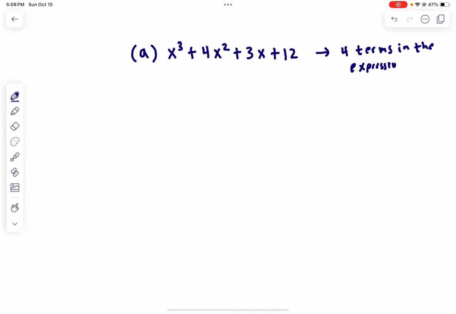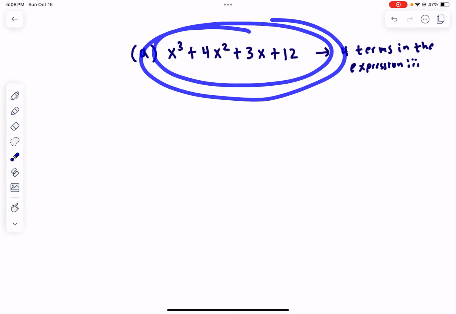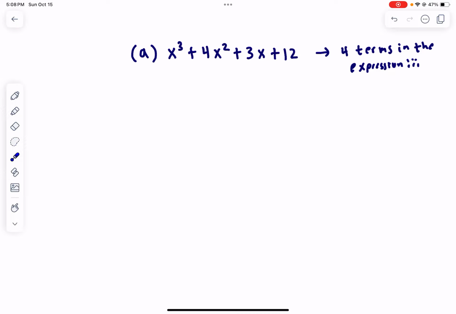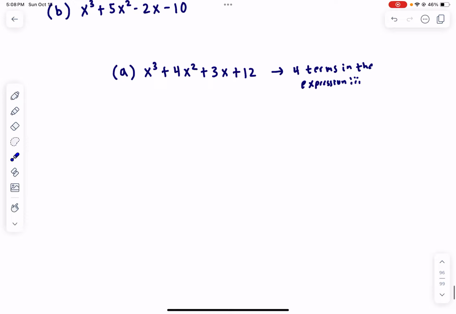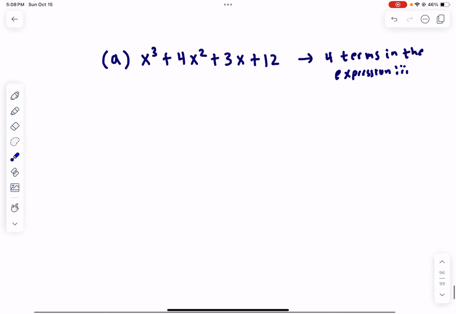And that is very important to notice, because if an algebraic expression has 4 terms, and they tell you that they want you to factor, one helpful way we can approach this type of factoring is to use the factoring by grouping method. So notice that in this example, once again, you have 4 terms.